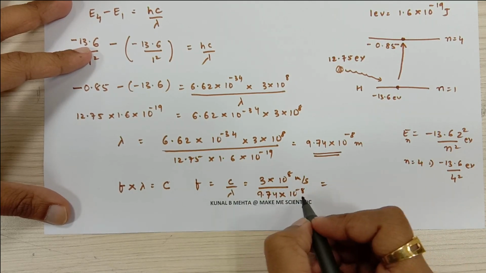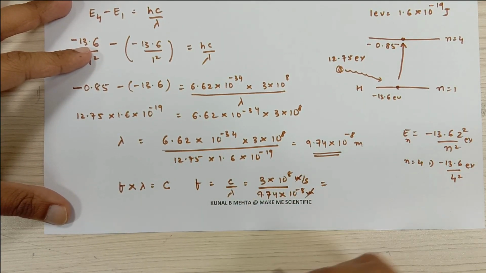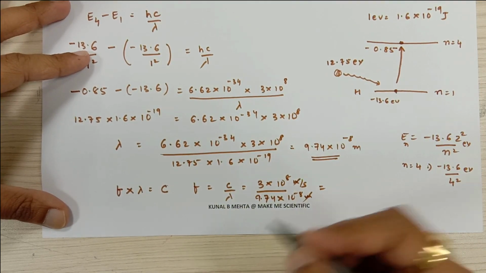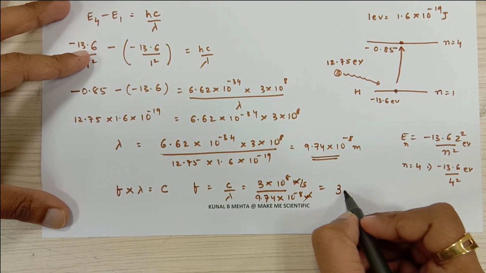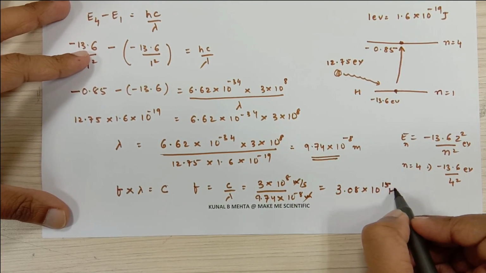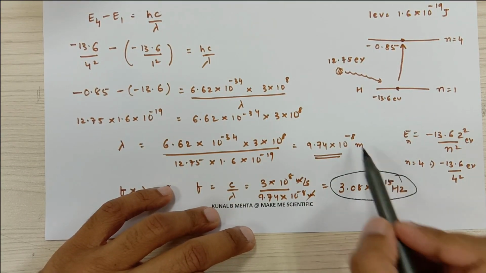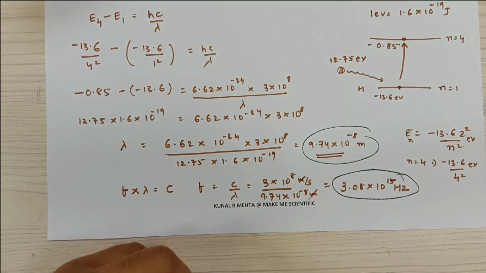If you solve this, the SI unit would be meter getting cancelled, 1 upon second is hertz. So you will get your answer as 3.08 into 10 raised to 15 hertz. Let me mark these two answers. This is our first answer and this is our second answer.